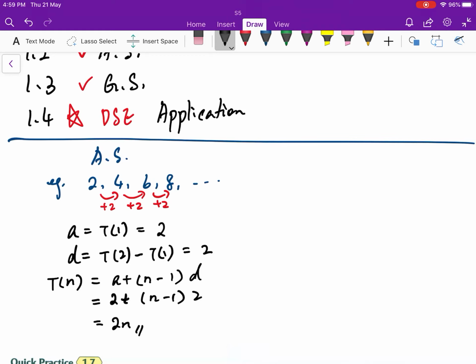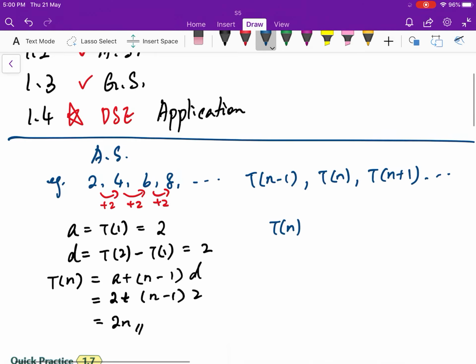So this is AS. Then the AS property. The AS property talks about when you have 3 terms: Tn minus 1, Tn, then Tn plus 1. The middle one equals the previous and the next one added together, divided by 2.